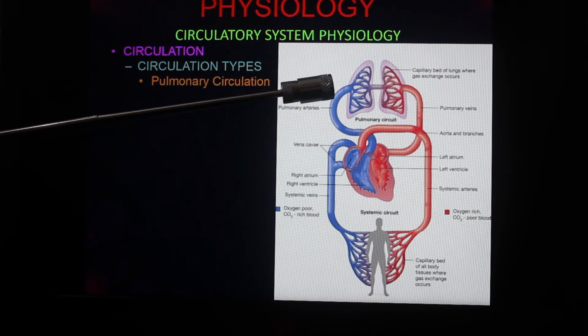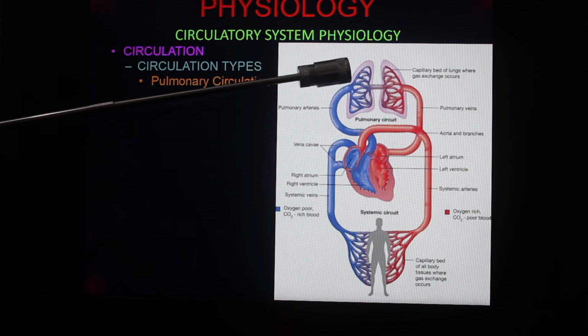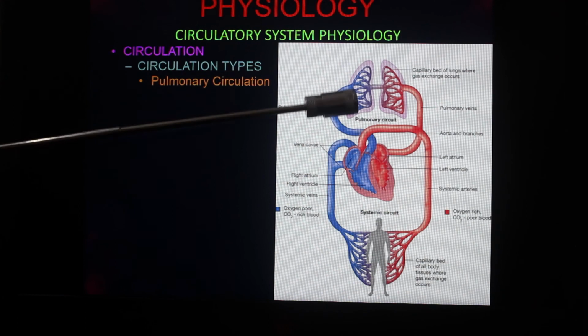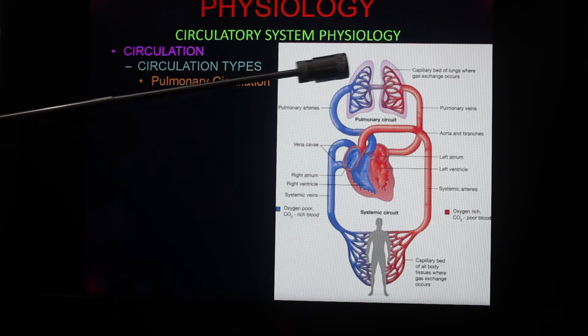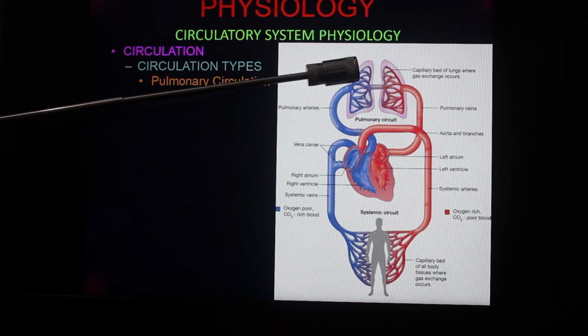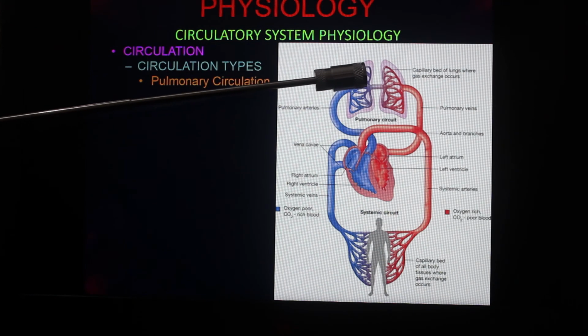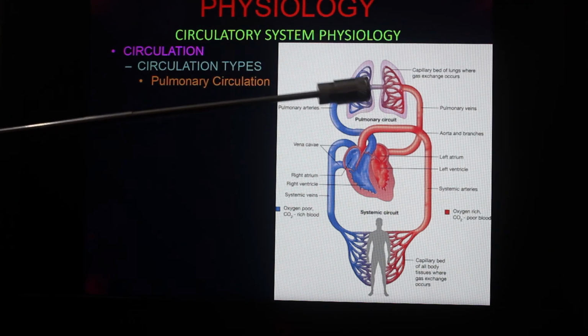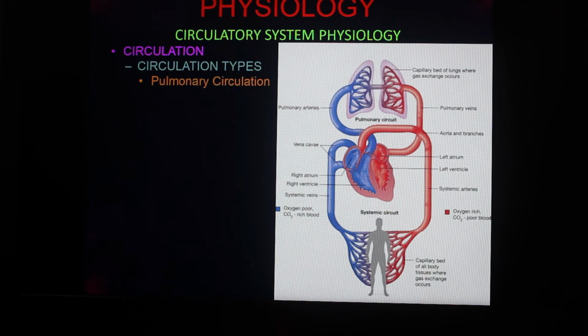The pulmonary artery passes through the lungs, and thanks to the capillaries within the lungs, oxygen is given to the blood and the carbon dioxide is removed, and we exhale carbon dioxide outside our body.